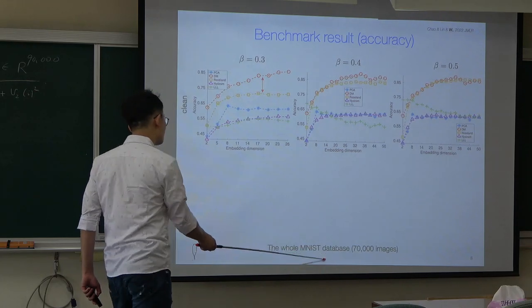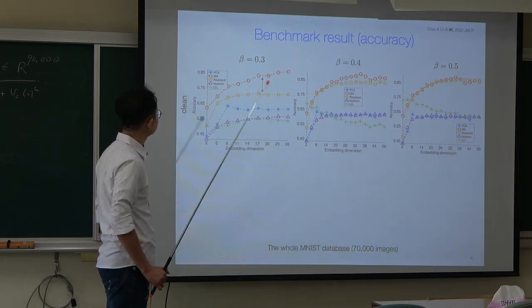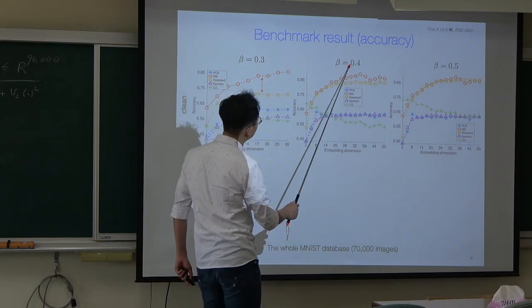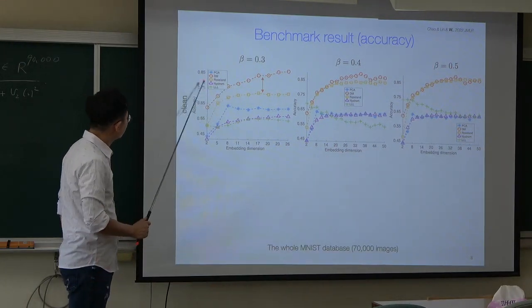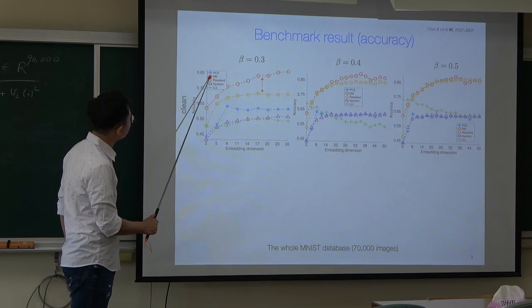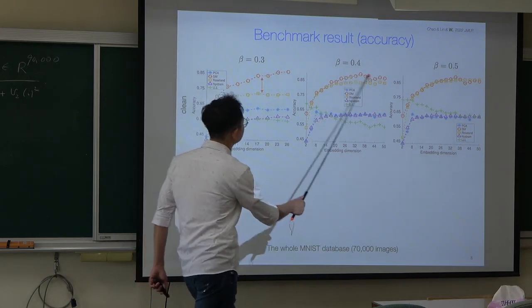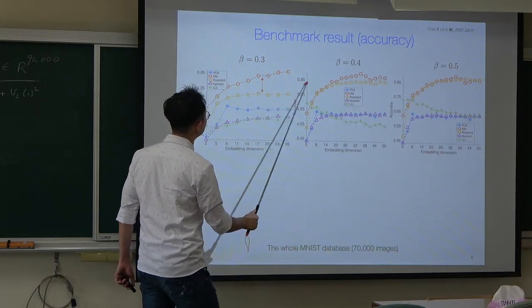We use the whole MNIST data set, 70,000 images, and suppose beta is 0.3, beta 0.4, and 0.5, different numbers, right? You can see that the diffusion map is here. Okay, diffusion map is here, which can go up to almost like 0.85, which is good.